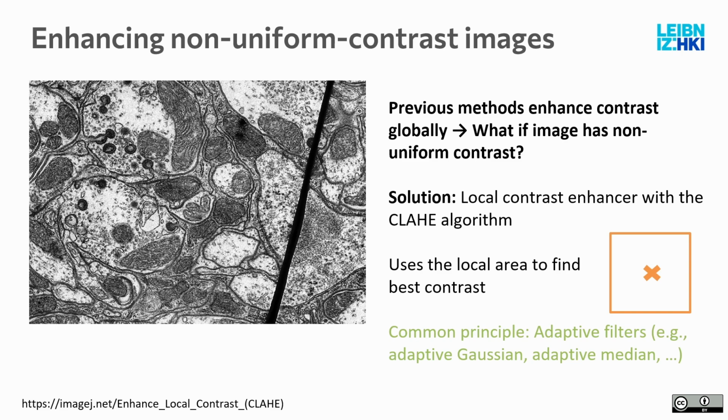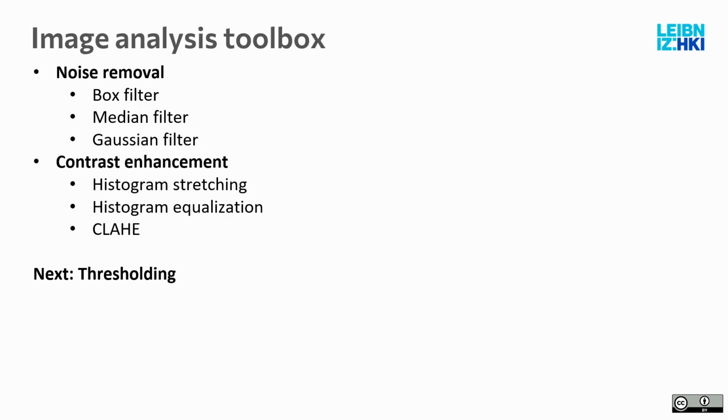It's very useful for image processing tools, not only for analyzing scientific images. So what do we have now already? We have something to remove noise. We have something to enhance contrast as well, different tools that we can use for it.